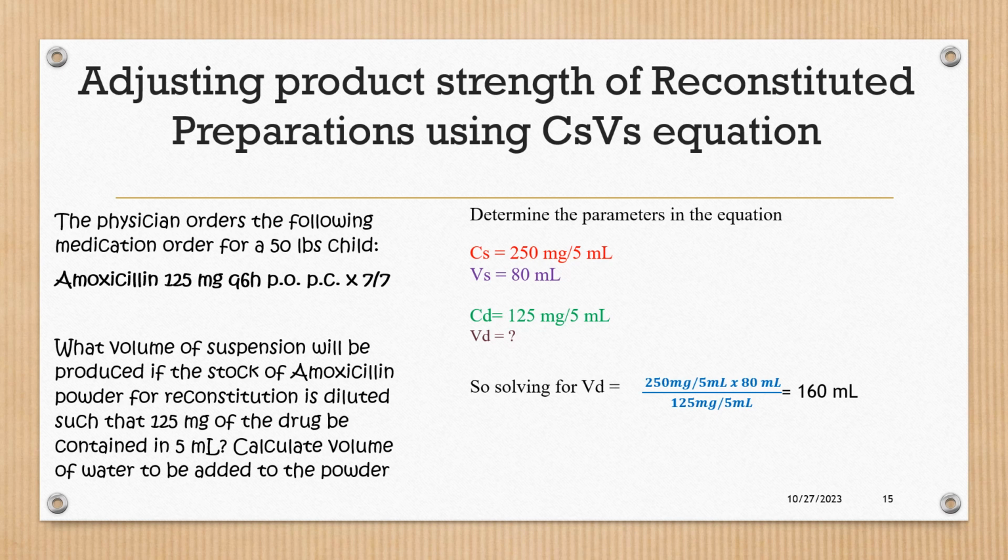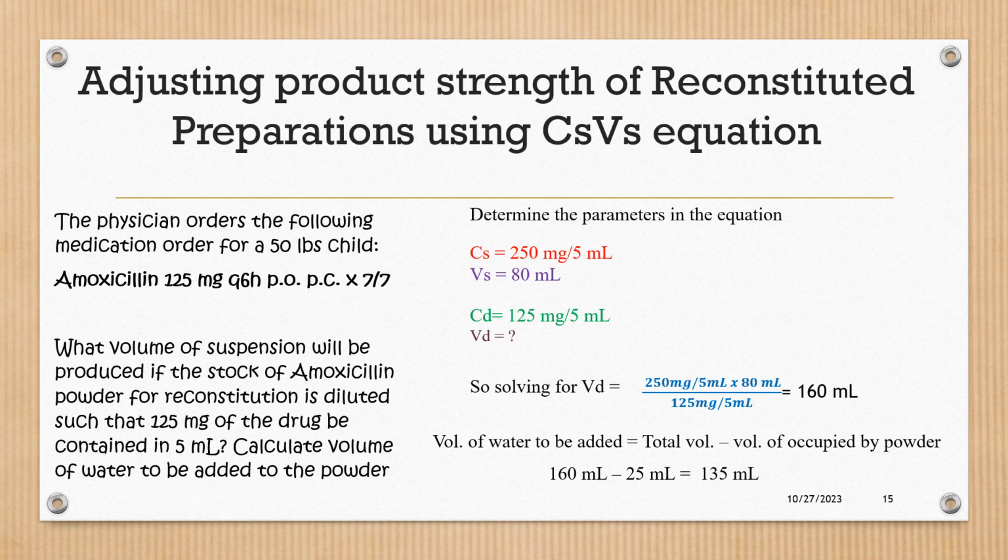Now recall that Vd represents the total volume for the product that you want. But in this case, you also need to consider the volume or space occupied by the powder. So what did we calculate that to be? We're adding 55 mL of water to an 80 mL bottle, and the volume of the powder was 25 mL.